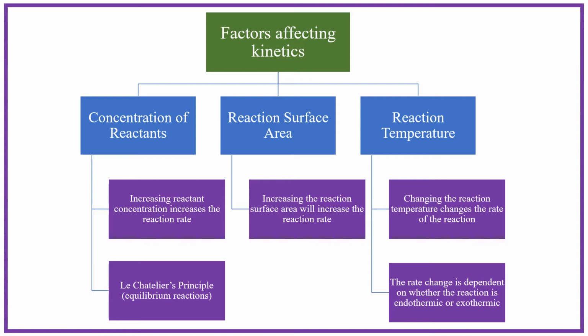The second primary factor is the reaction surface area. The larger the shared surface area between the reactants per unit volume, the greater the reaction rate will be. The third factor is the reaction temperature. Depending on if the reaction is endothermic or exothermic, the reaction temperature can influence how fast the reaction will proceed.